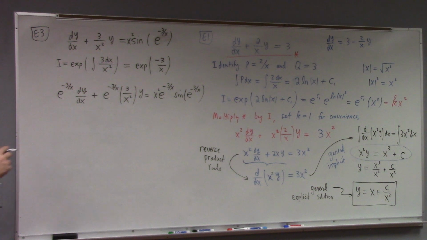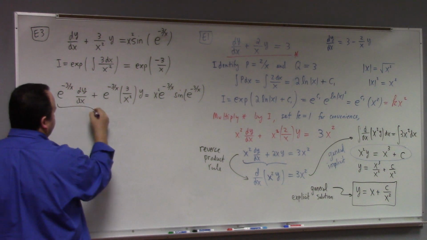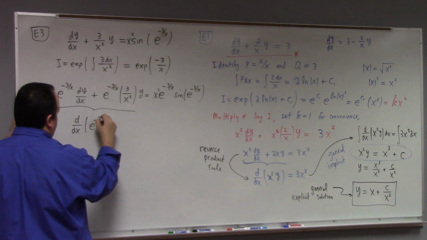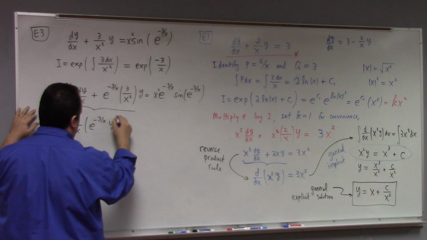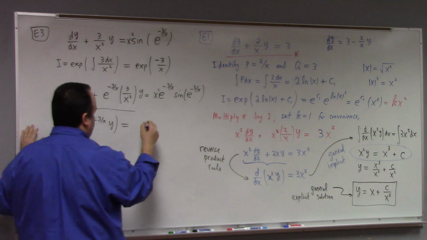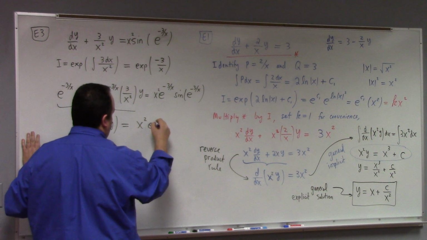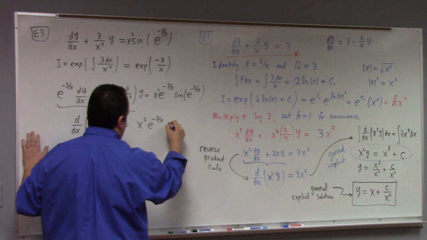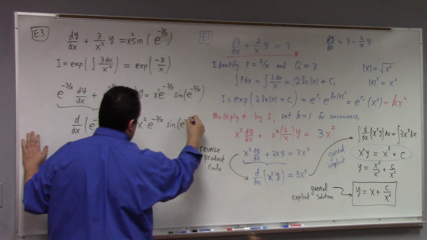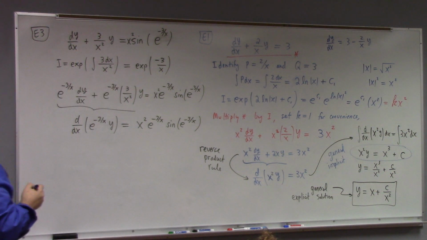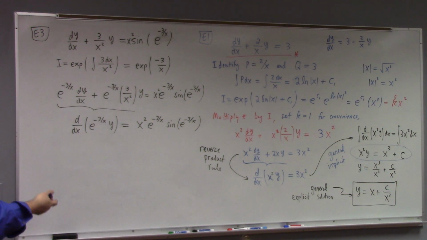So this is the reverse product rule, right? We have d dx of e to the minus 3 over x times y equals x squared e to the minus 3 over x times the sine of e to the minus 3 over x, which I'm really hoping we can integrate. Now we integrate both sides.